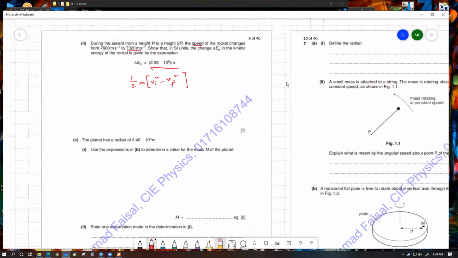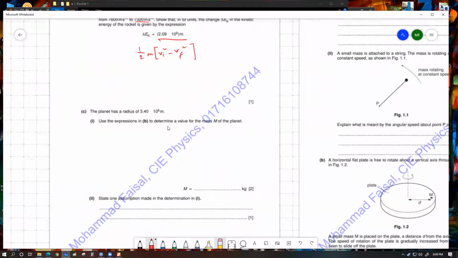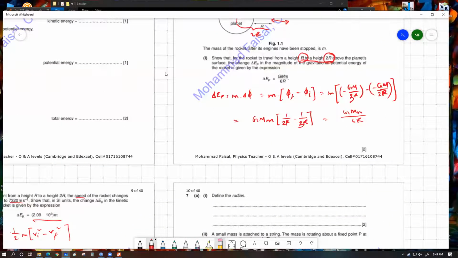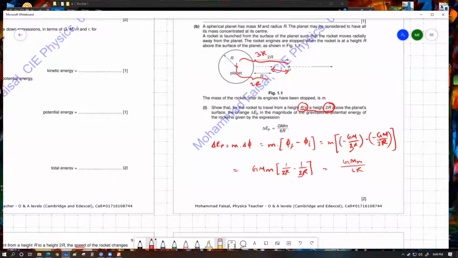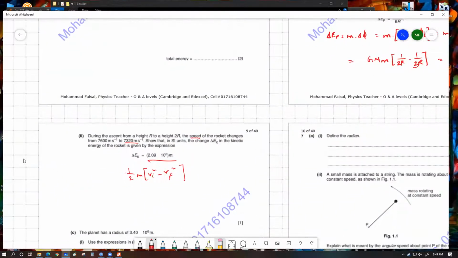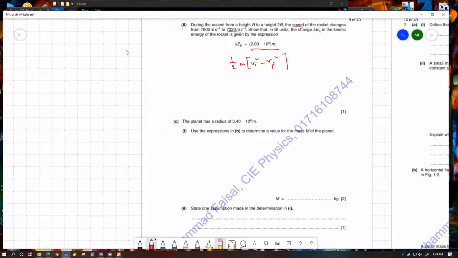So what this question is asking us is to use the expressions in b to determine the value for the mass m of the planet. Within this travel from here through here, the rocket did not burn its engine, so it did not convert any chemical energy to any other form of energy. So it means basically the amount of GP change necessarily came from the amount of K drop. So we have to equate these two expressions, and we can go on to find the mass of the planet.